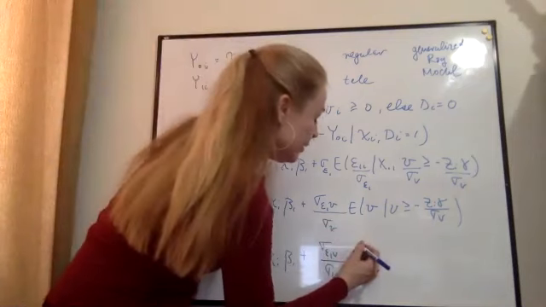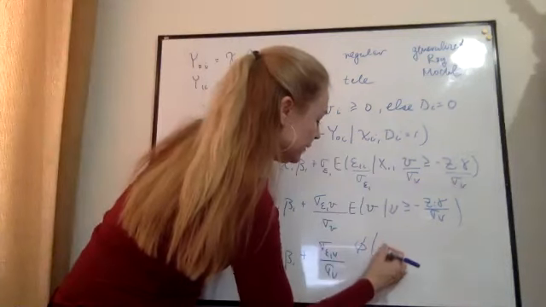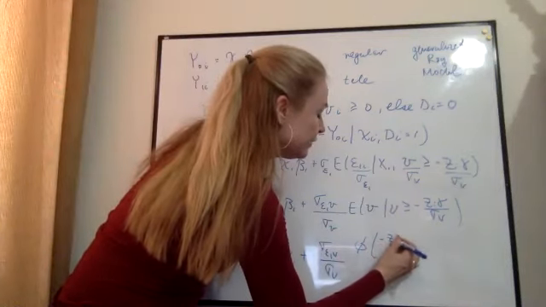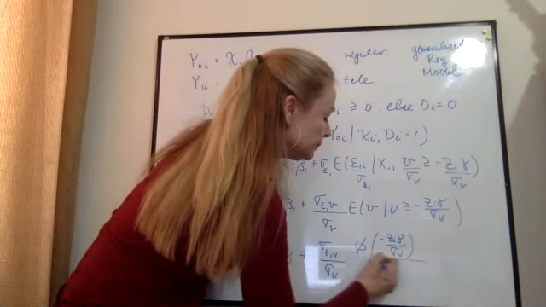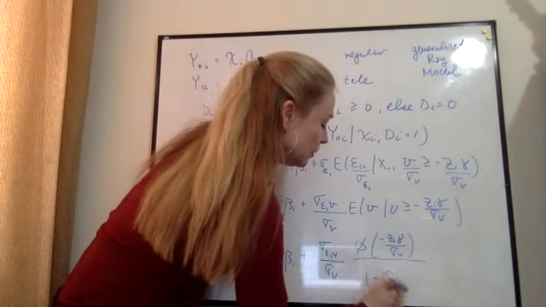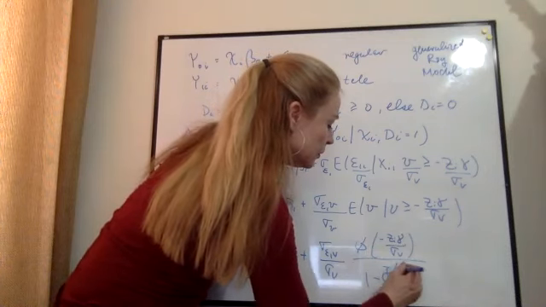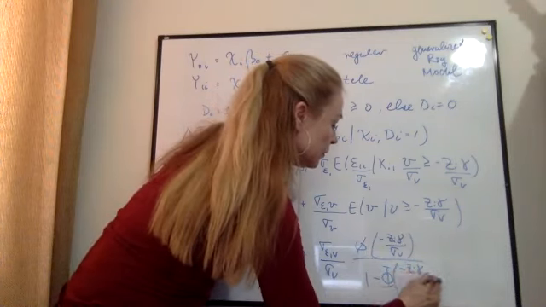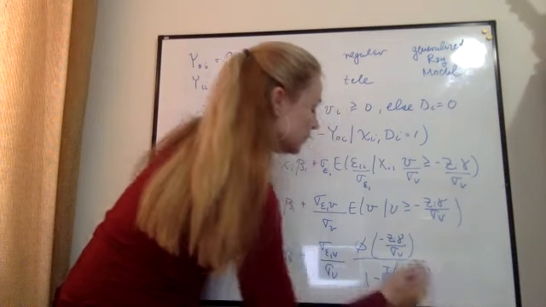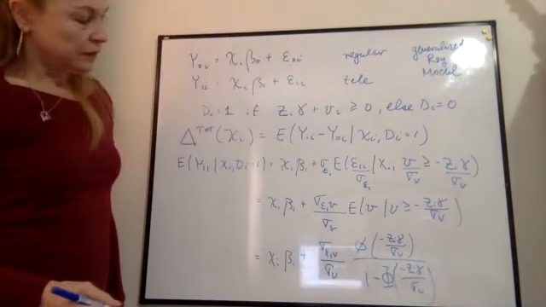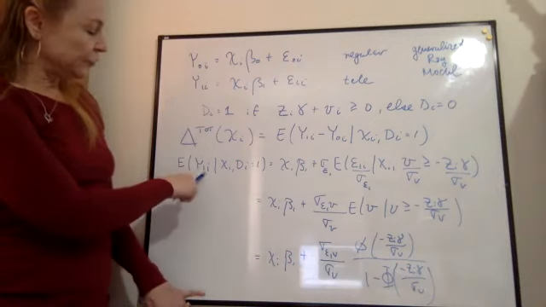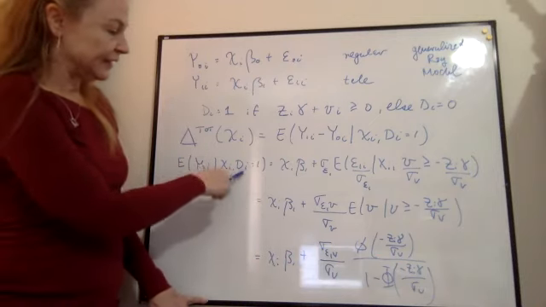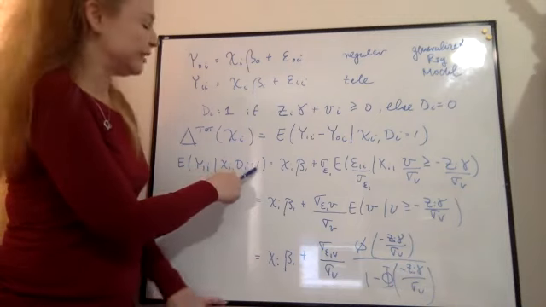And then this here would be the Mills ratio. So this is truncation from below, right? So that's the expression for E of y1i given X_i given D_i equals 0, or sorry, D_i equals 1.